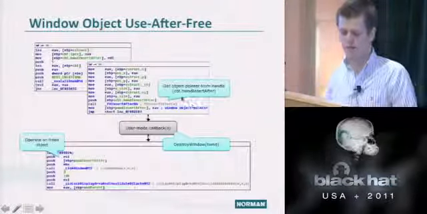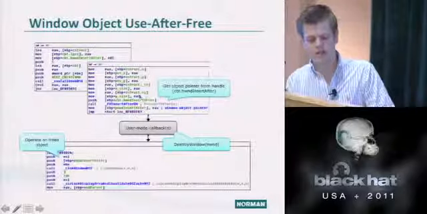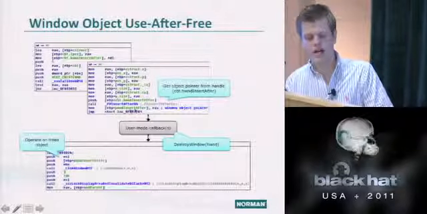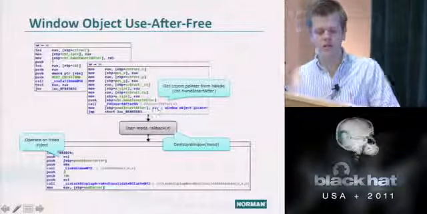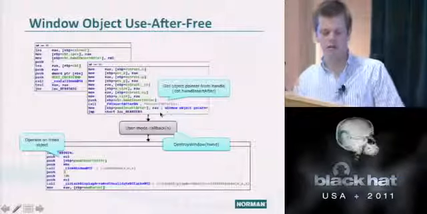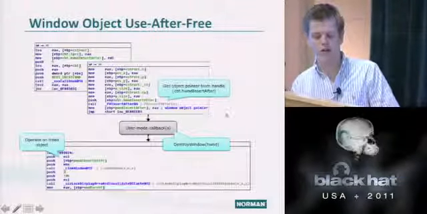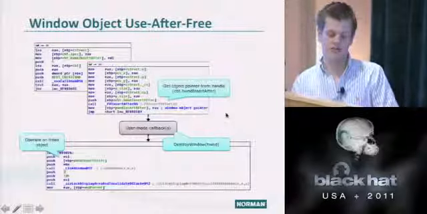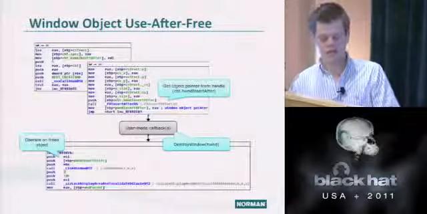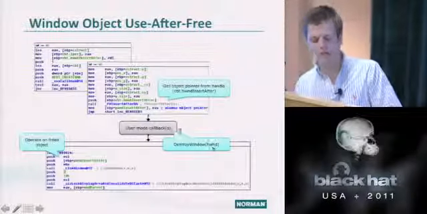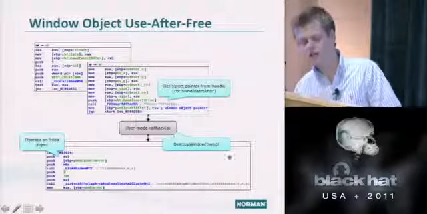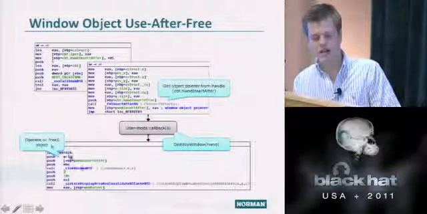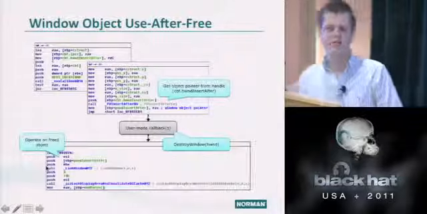So this is basically what that looked like. You have the function that looks up the handle value and returns the kernel object pointer. It does not lock this. It just gets the kernel object pointer, stores it in a local variable. You could do a callback, destroy this window, and then this function would operate on freed memory.